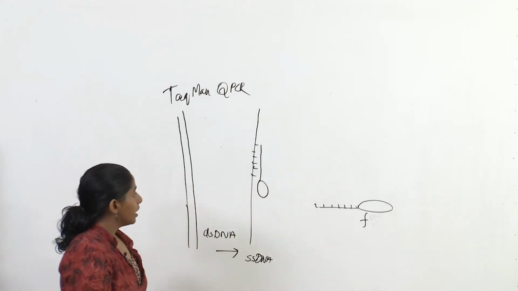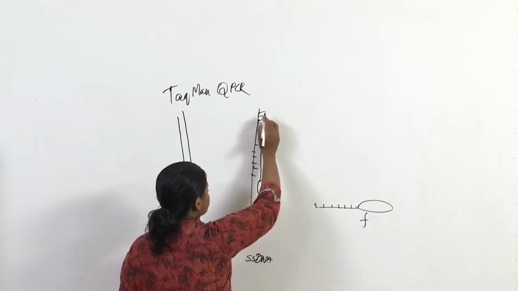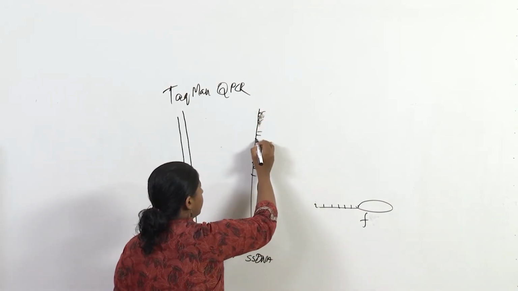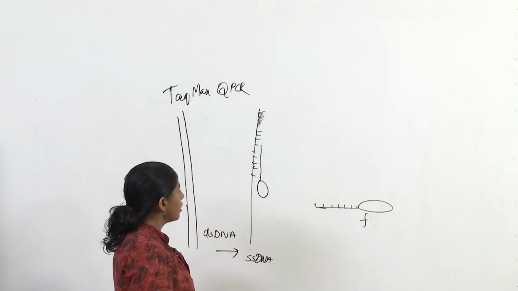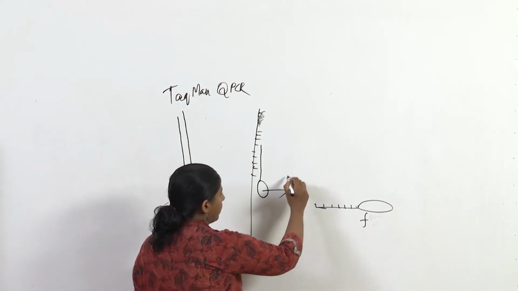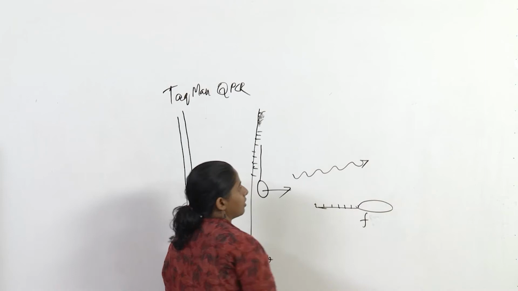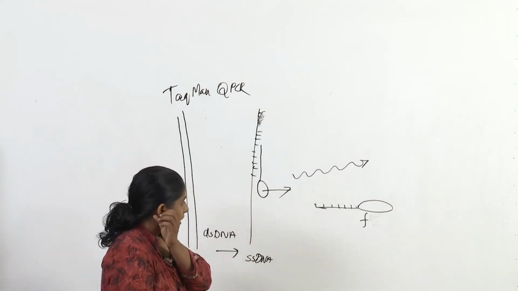Now, when the amplification happens and when the forward primers, and usually this is attached to the forward primer, by the way, this sequence is usually used, a part of it is used as the forward primer. So, when the amplification begins, this fluorophore is dropped and it releases a fluorescent signal, a light signal that can be picked up by your sophisticated camera.